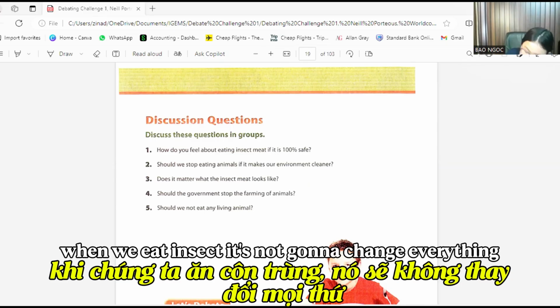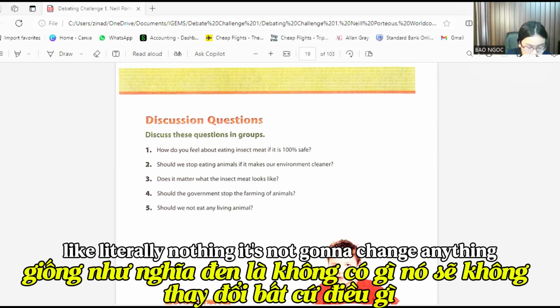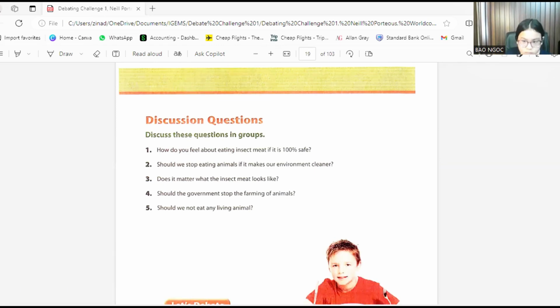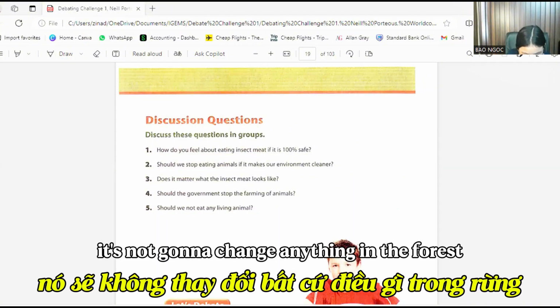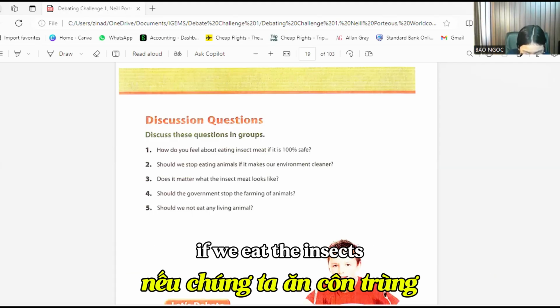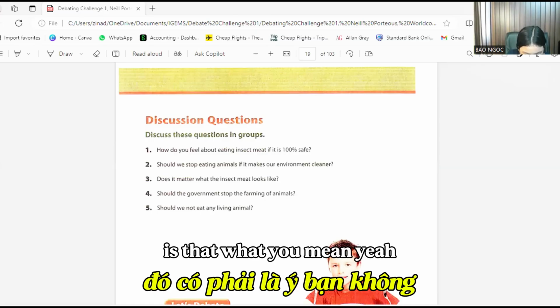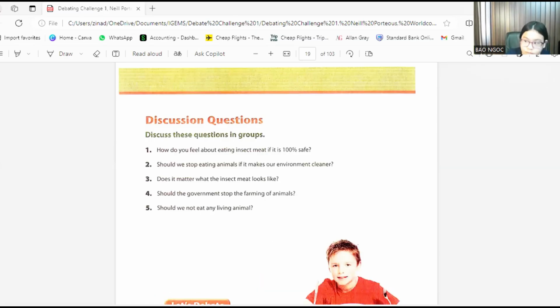When we eat insects, it's not gonna change everything. Like literally nothing. It's not gonna change anything. So it's not going to change anything in the forest if we eat the insects? Is that what you mean? Okay.